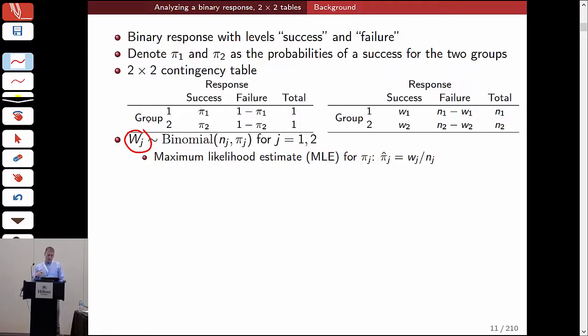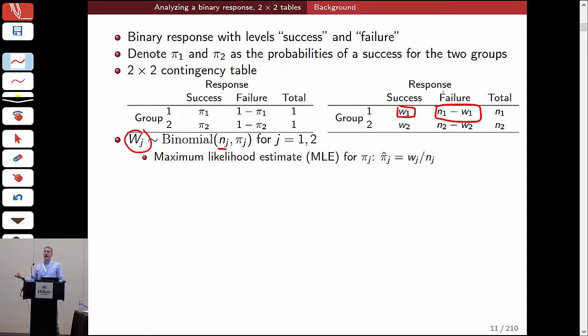It has a binomial distribution with n sub j trials, where pi sub j is the probability of success on each trial. Again, we can summarize this in a table-like structure. Little w1 is our observed number of successes for group 1, n1 minus w1 is the observed number of failures for group 1, and we have n1 total in group 1.